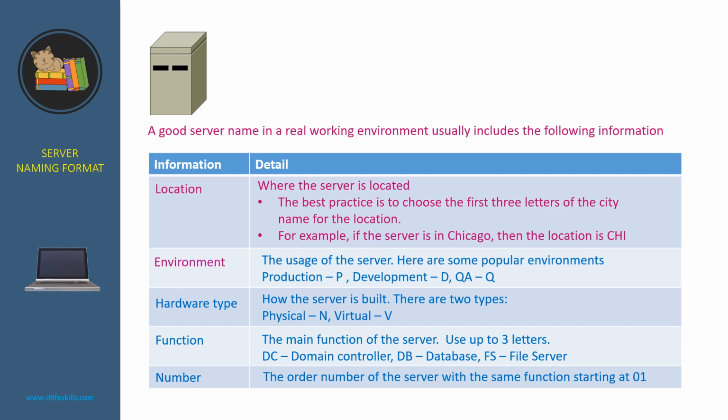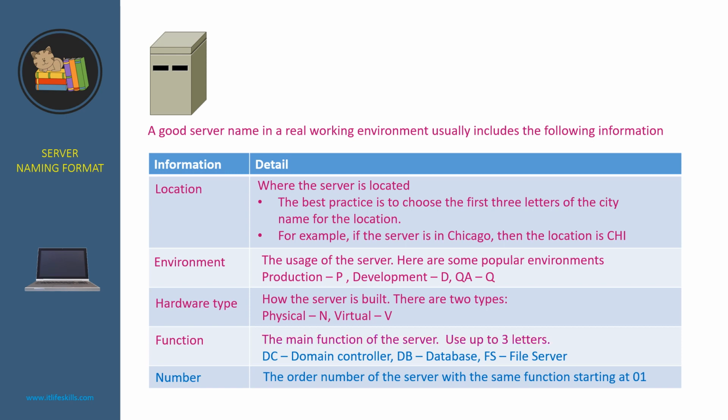The environment tells us the use of the server. Here are some popular environments: production for P, development for D, and QA for Q. The hardware type tells us how the server is built. There are two types: physical for N and virtual for V. The function tells us the main function of the server.